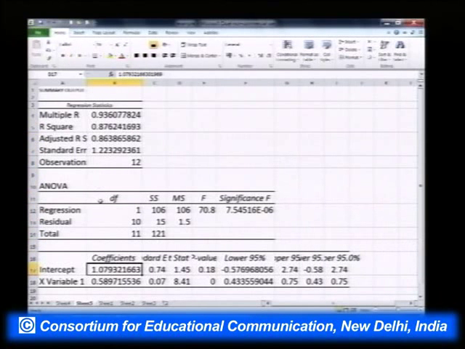The equation is that the X variable, which is the duration of stay, is multiplied by the coefficient, which comes out to be 0.589, and the intercept or the constant is 1.079. So the equation becomes y, which is the attitude towards the city, is equal to the constant, that is 1.079, plus 0.589 into duration of stay in that city. And the rest of the things I have already explained.